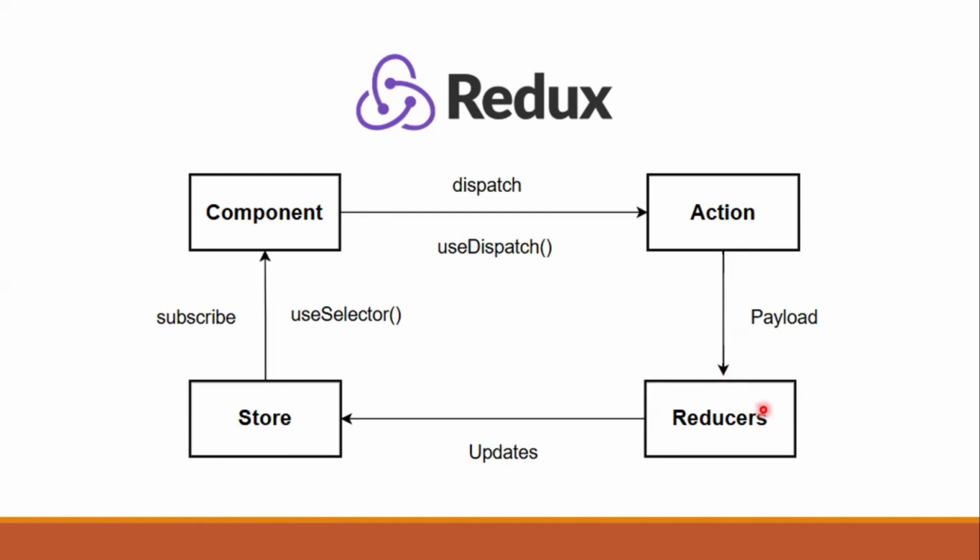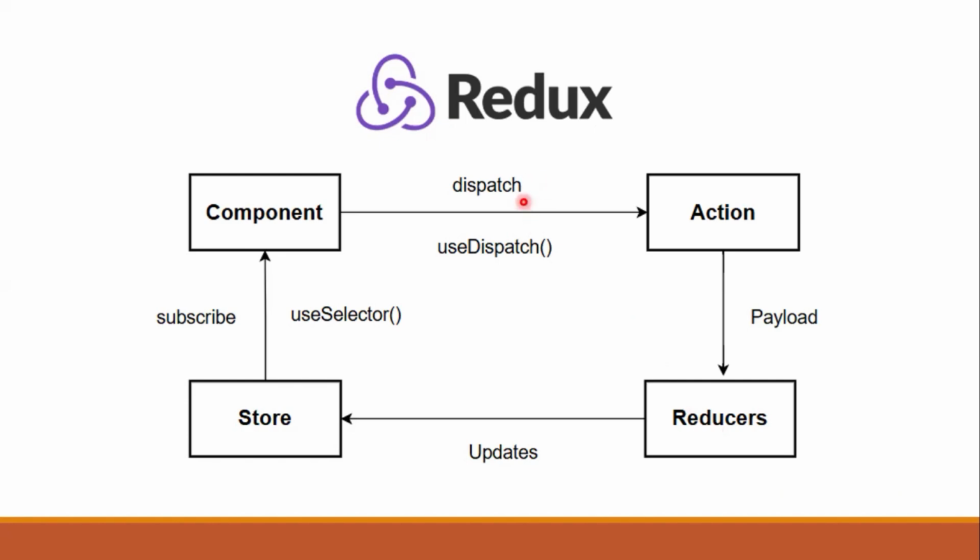Reducers are pure functions that define how state changes in response to those actions. Essentially, Redux provides a structured way to manage complex application data across different components by keeping all the state in one place and updating it with clear instructions.